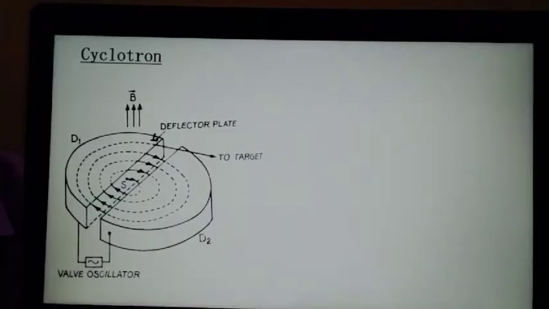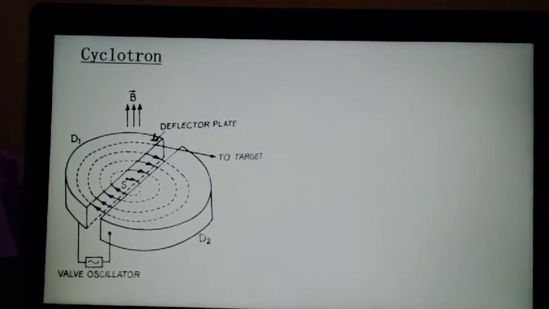The diagram shows the cross section of a cyclotron. It consists of two horizontal D-shaped hollow metal segments, D1 and D2, in the form of hemispheres, and they are called Ds.